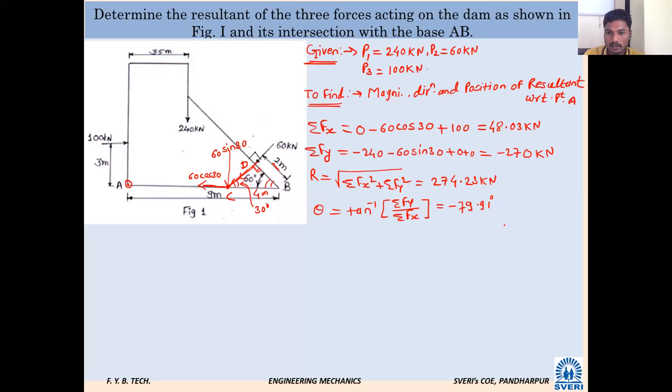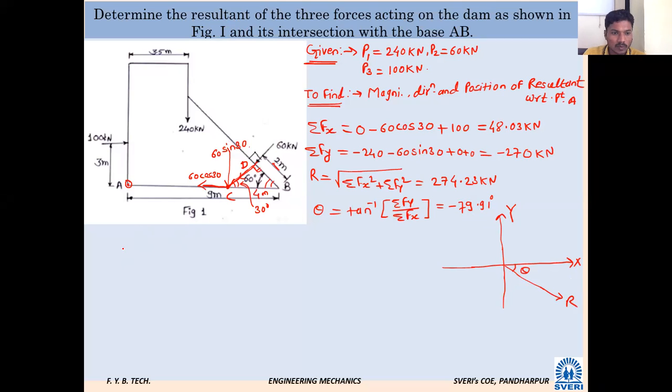As it is a minus, let us show that force with its x component and y component. In which quadrant will it come? Fourth quadrant, R and theta. I will not write those values, the values are with you, you can write them. Up to this, any problem?